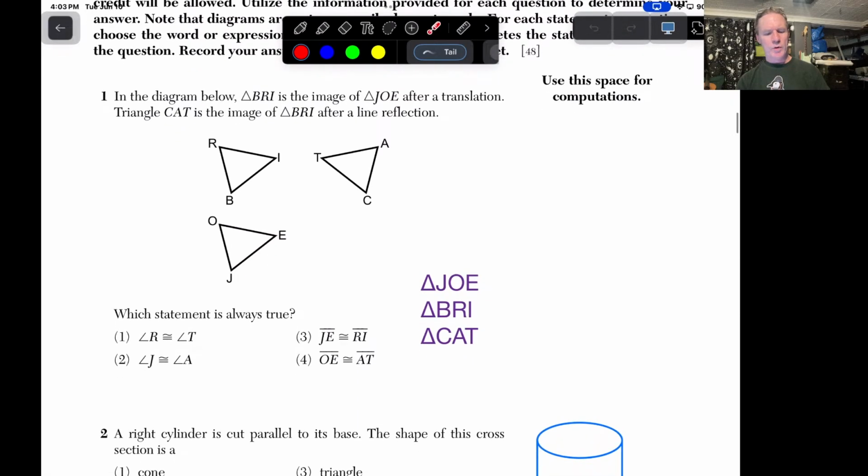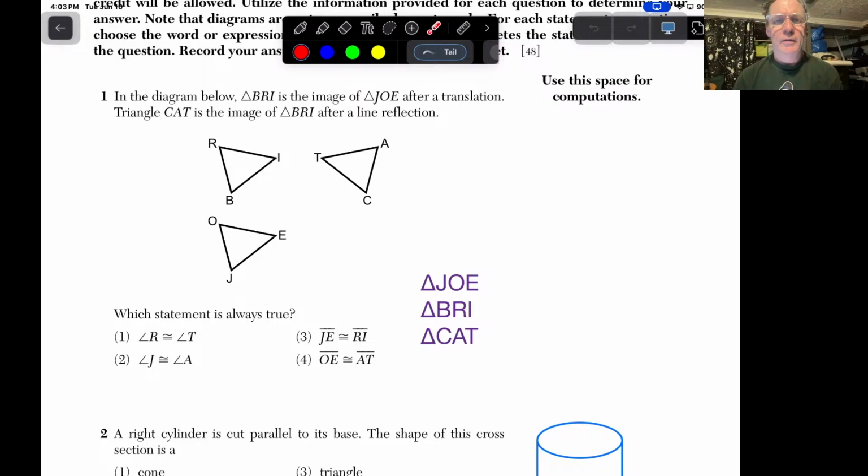So the first question, number 1. In the diagram below, triangle BRI is the image of triangle JOE after a translation, and triangle CAT is the image of triangle BRI after a line reflection.